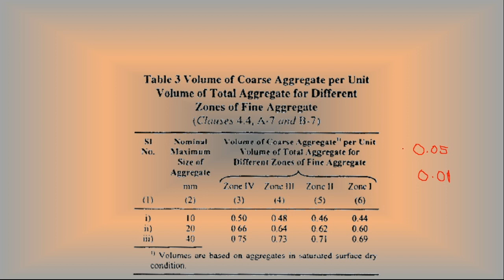Now, here if we add it as plus, this will be a deduction. We have to reduce. If we deduct the water cement ratio, we have to add to the volume of coarse aggregate. This is the part we did in the previous part.